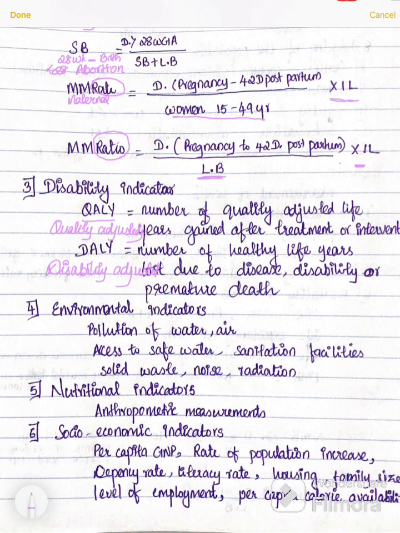Number of years gained after treatment or intervention. DALY is number of years lost due to disease, disability or premature death. Here gained, and here lost.